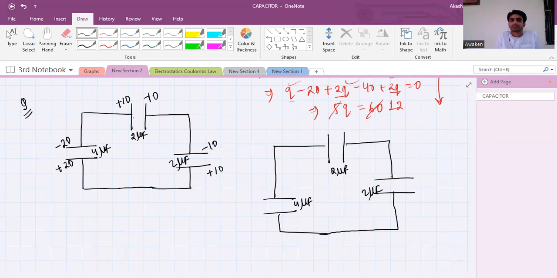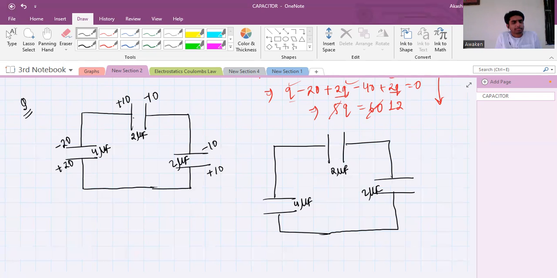I'm getting the formula as 10 minus q by 2, minus 20 minus q by 4, and minus 10 minus q by 2. So 10 minus q by 2, that is correct. Then minus 20 minus q by 4, because we are going plus to minus.